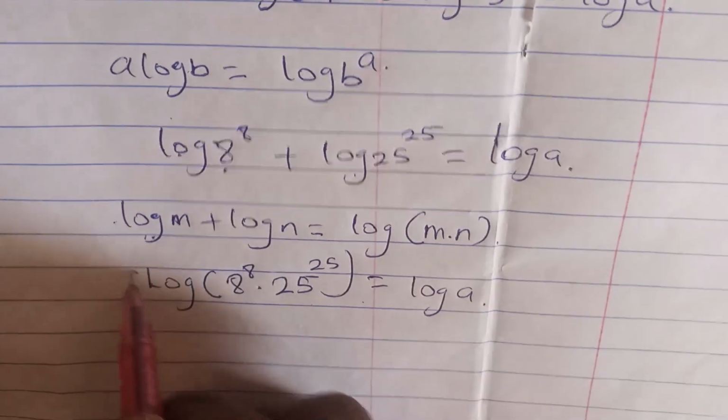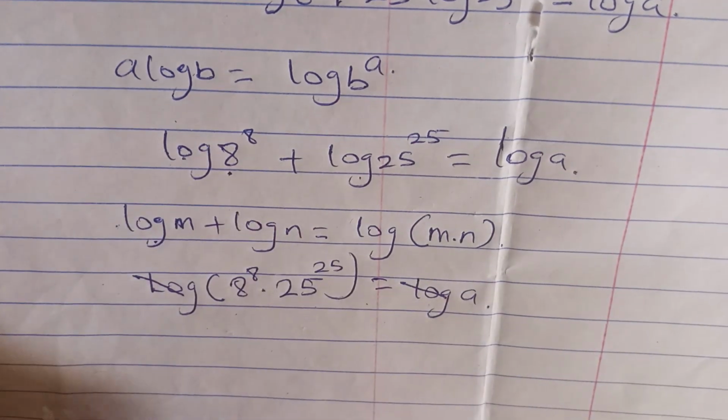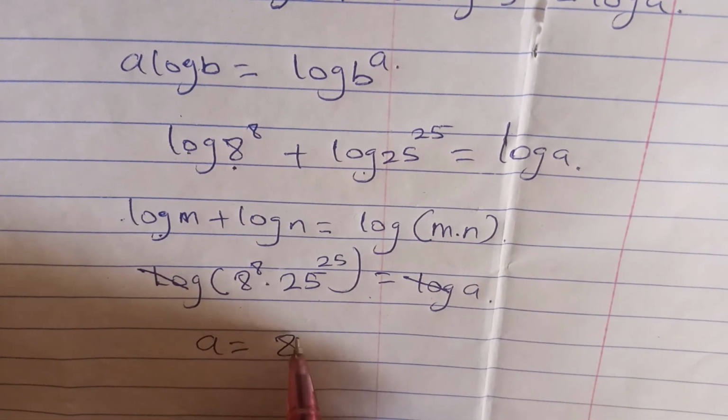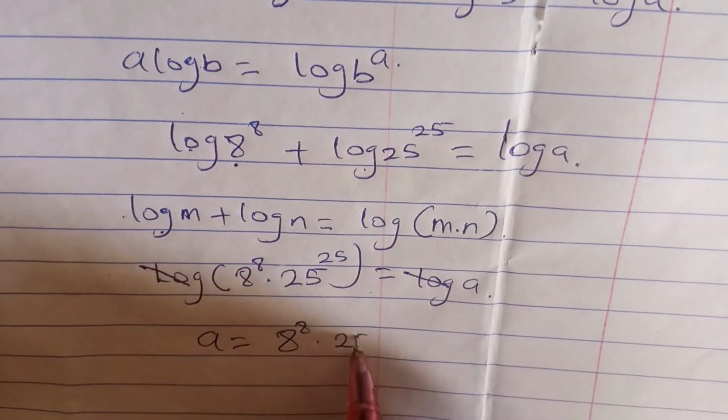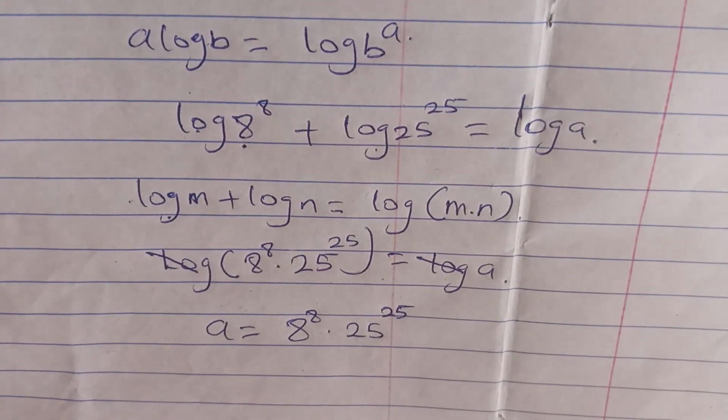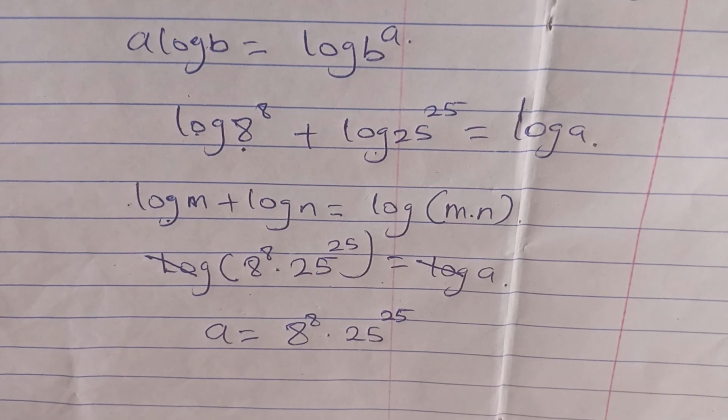From here, this log can cancel off this log. Therefore, a is equal to 8 to the power of 8 times 25 to the power of 25. This is the value of our a.